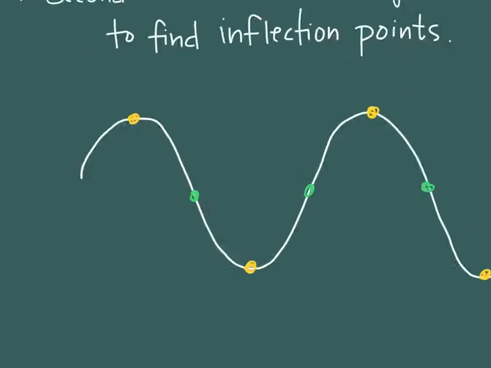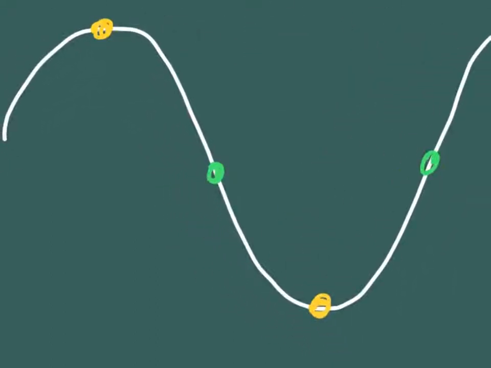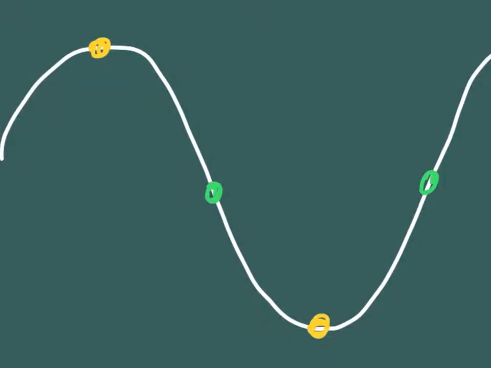Let's zoom in here. Between the yellow max here and this inflection point, it's decreasing, but it's decreasing at a faster and faster rate. It's getting steeper and steeper as it's going down.